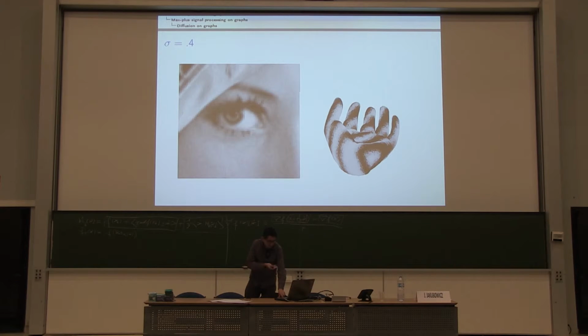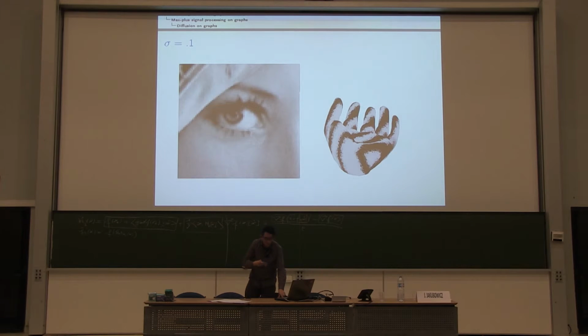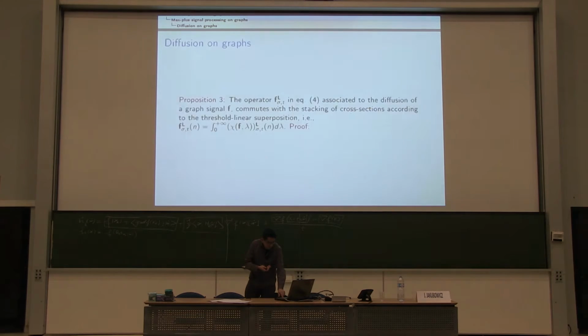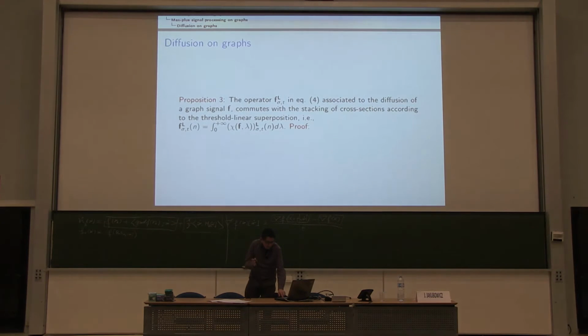That's well known. We have a sigma here, one parameter to control the degree of blurring or diffusion. So we can see some results. Okay, we can go further. That is classical and well known.